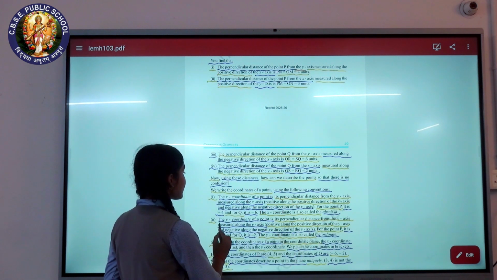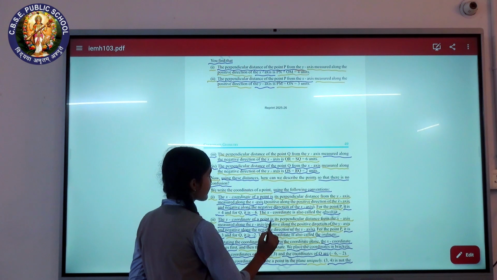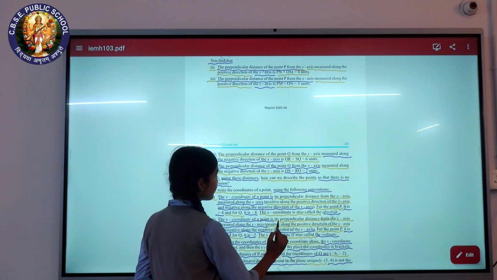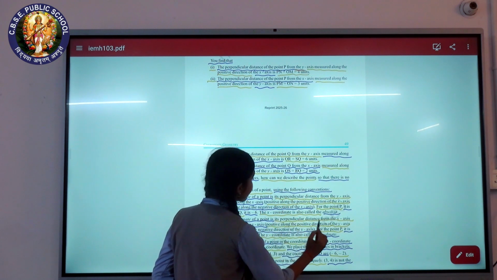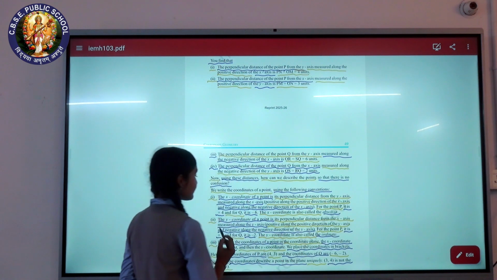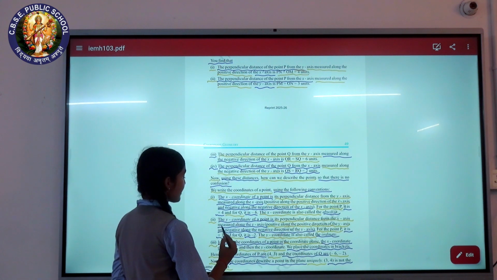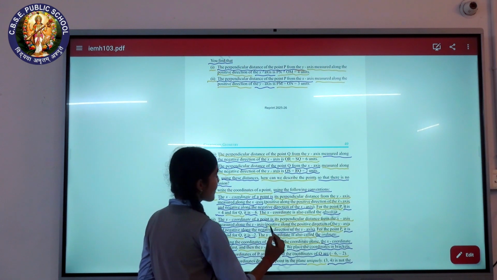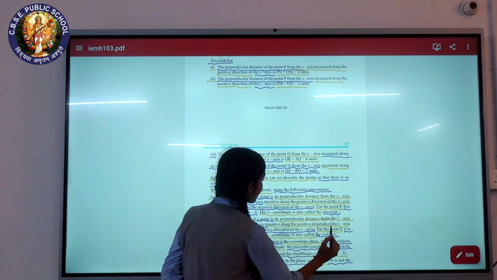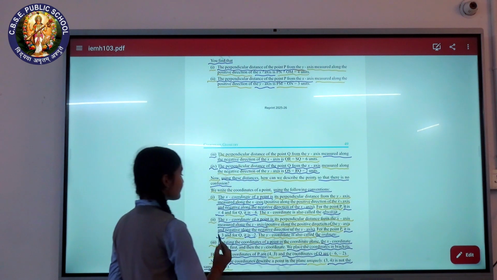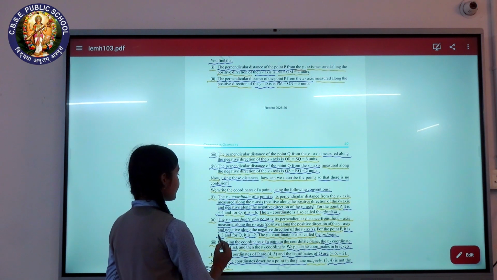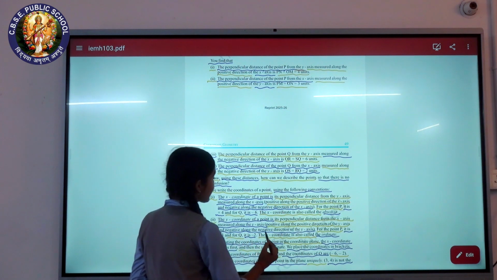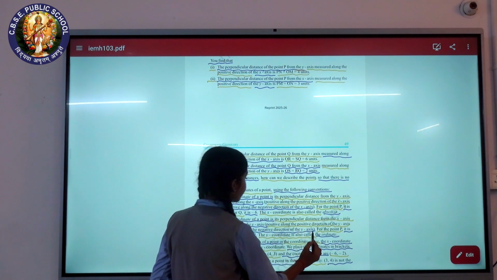Second, the y coordinate of a point is its perpendicular distance from the x-axis, measured along the y-axis, positive along the positive direction of the y-axis and negative along the negative direction of the y-axis.